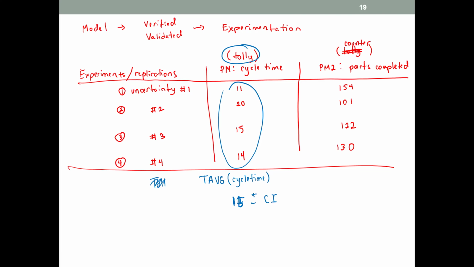So what would you expect? And this is maybe a question that is not necessarily about this class, it's more in terms of your knowledge in statistics. Let's say this confidence interval is 15 plus minus 10, right?